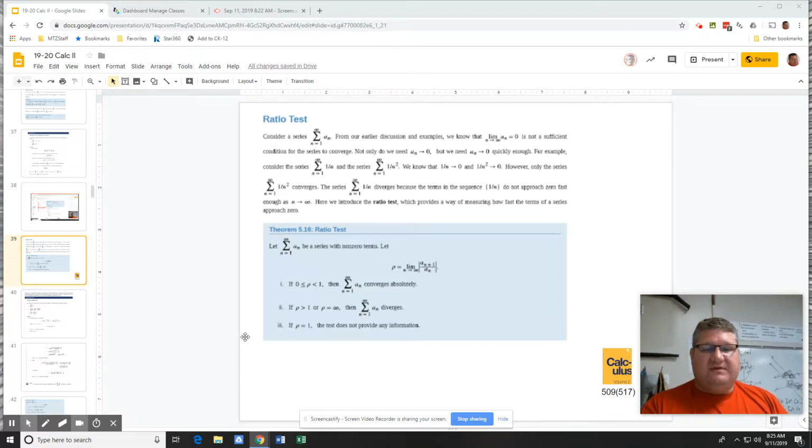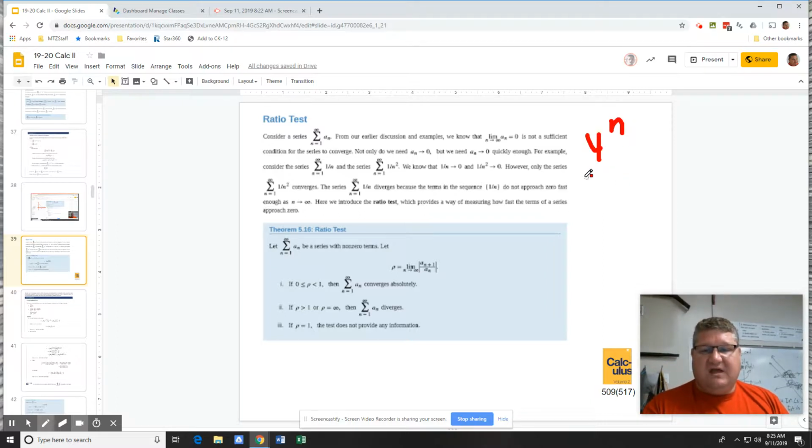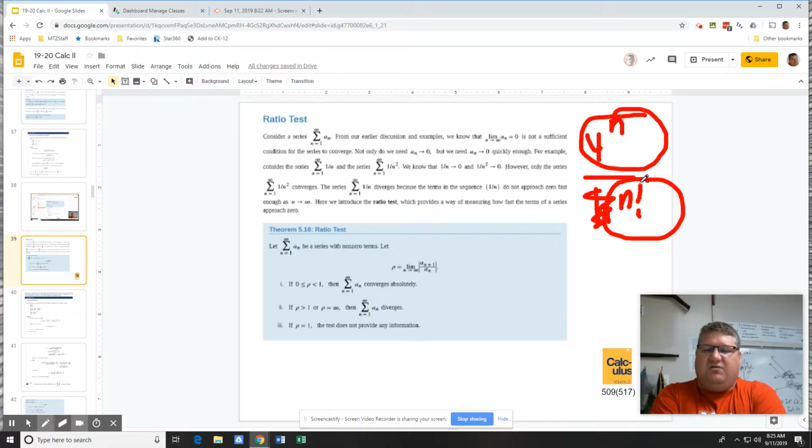This is something where you tend to have either a lot of things raised to a power, like 4 raised to n, or things that are factorials, like n factorial. So things that have crazy variable powers or things that have factorials in them. A great test to use with that is the ratio test.